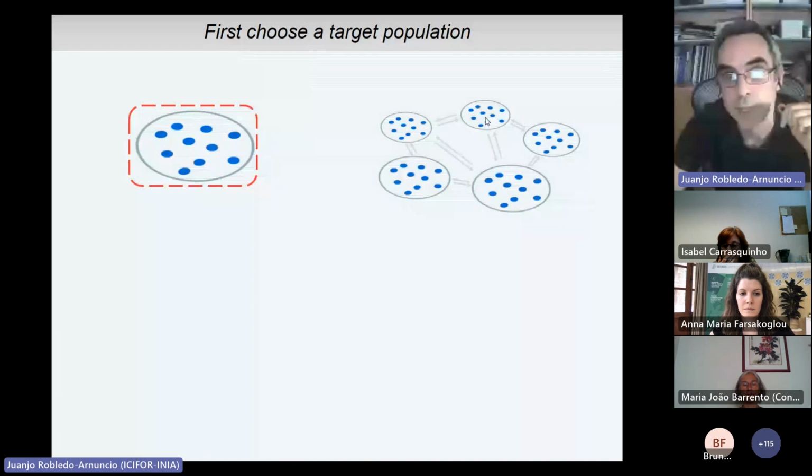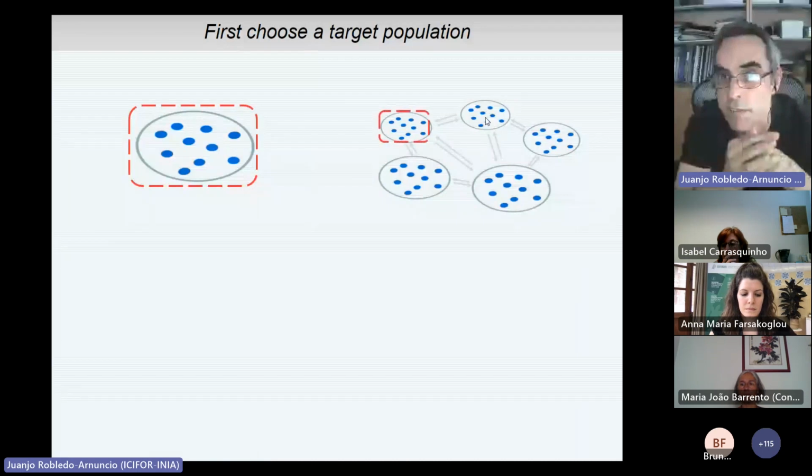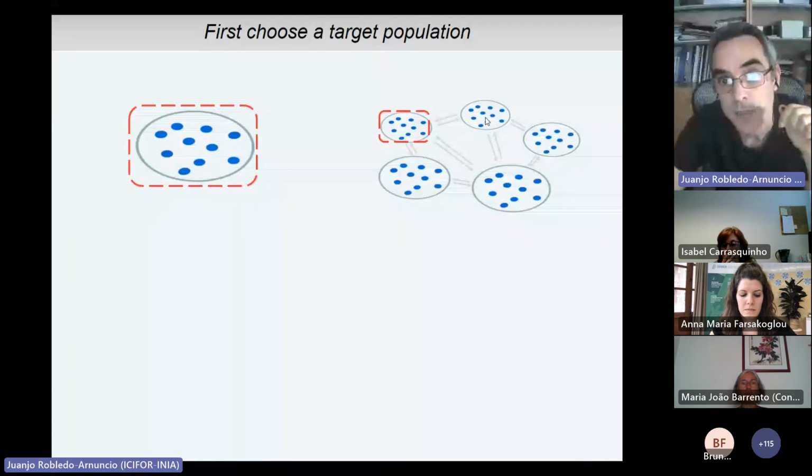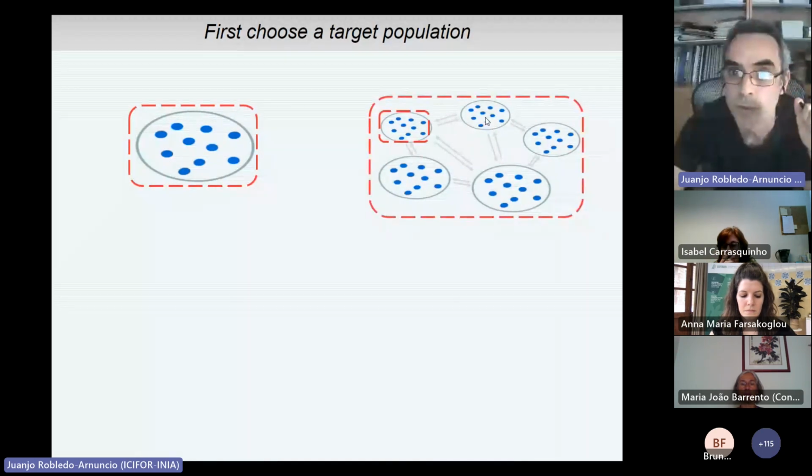And in this case, maybe we have administrative limits that define our target populations. Again, it might be a conservation stand, a genetic conservation unit, etc. But we would have to think whether this is actually the most meaningful target population to define from an evolutionary perspective, or rather if we should be looking at the whole metapopulation.